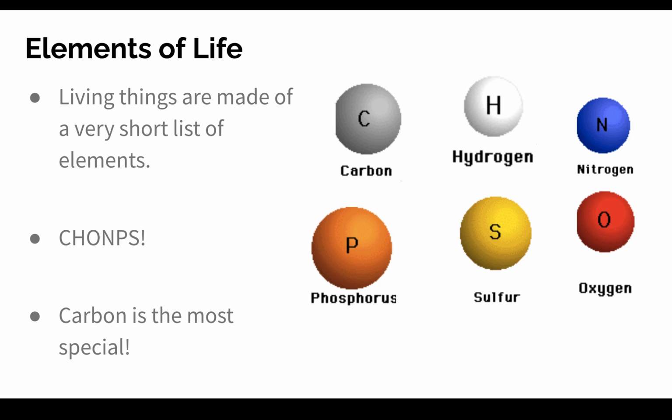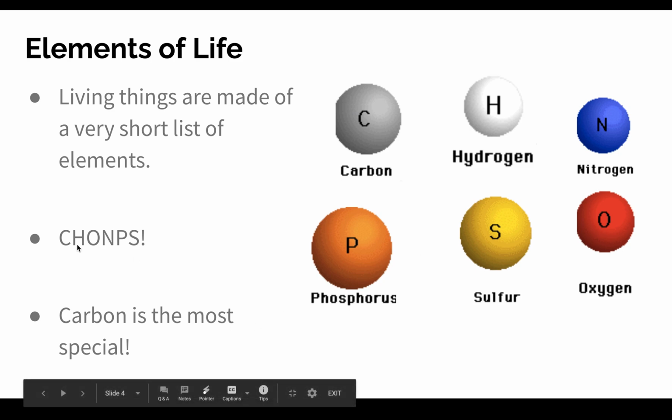And there are 6 of these specifically that make up living things. When we look at all living things, all are made up of these 6 atoms or elements that you see right here: carbon, hydrogen, nitrogen, phosphorus, sulfur, and oxygen. Okay, so those are the big guys.